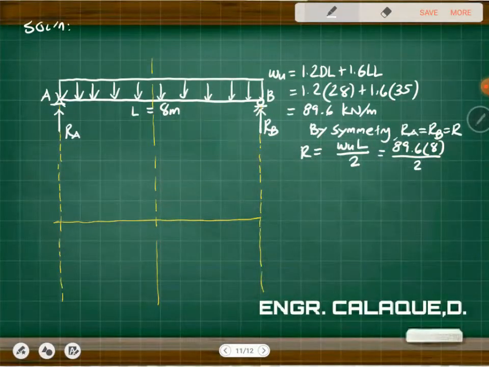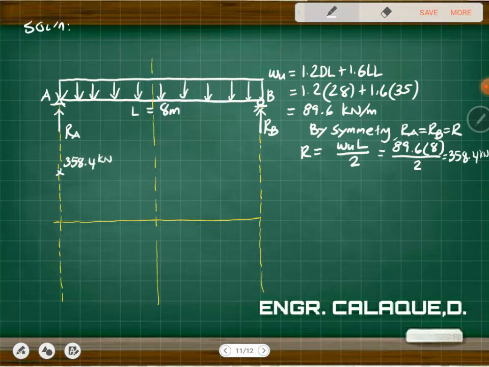358.4 kilonewton. So, meron tayong 358.4 kilonewton. So, ito yung 358.4 kilonewton.